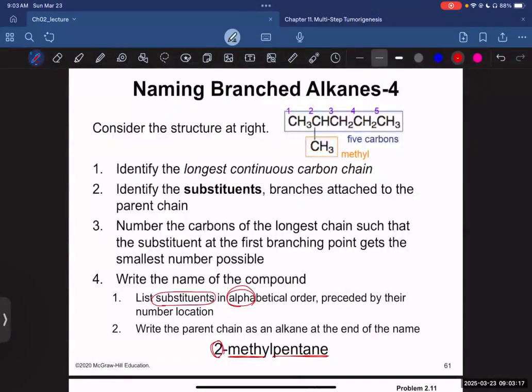When we alphabetize, we don't take into consideration prefixes like sec, tert or neo, okay? And even di and tri, which tell us how many of these substituents are present, are not considered when we alphabetize the substituents when writing the IUPAC nomenclature.